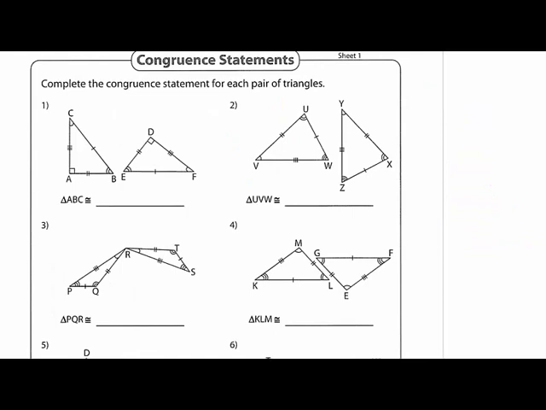So for the second sheet, it's about naming the triangles. Now, they've told us triangle ABC, which goes right angle to the 2 ringed angle, so it's going that way, and then to the 1 ringed angle. So we need to do the same thing here.